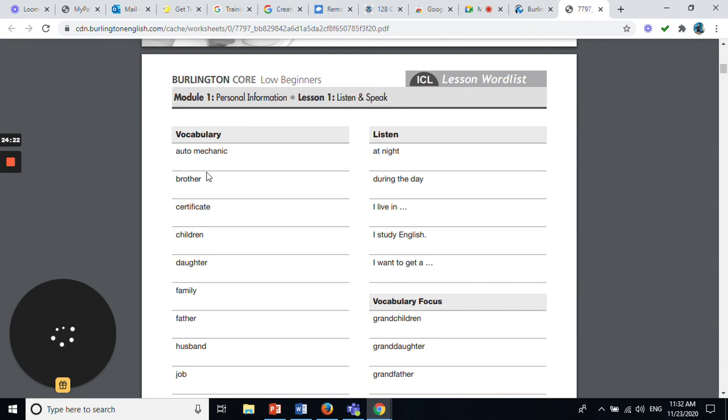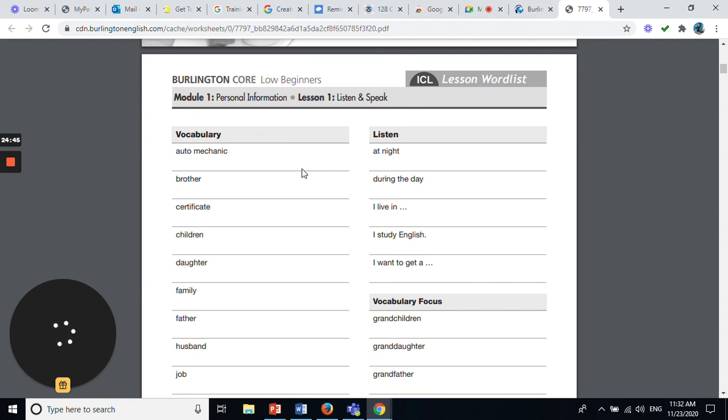You will see lines here. You can write the meaning or the explanation of this word. You can write it in your language. You can also write it in English. So you will have 2 meanings.